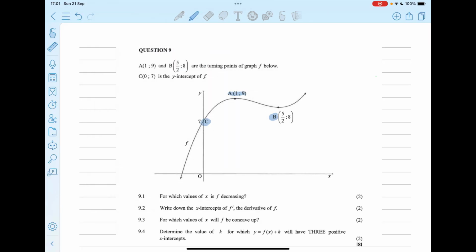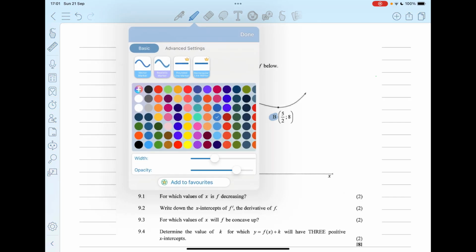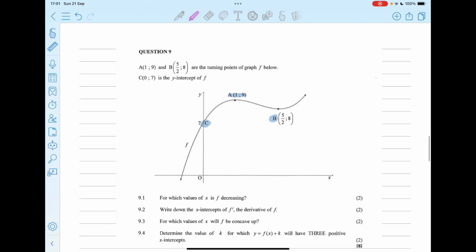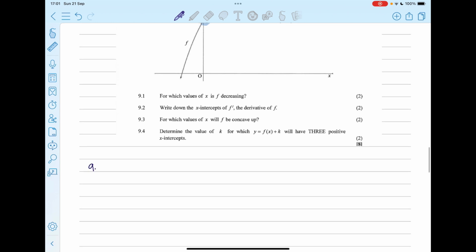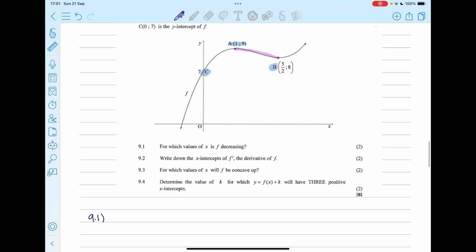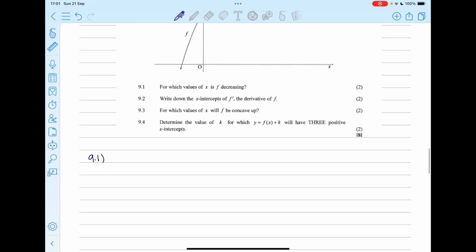And inspecting our graph, we can identify that region to be from point A to point B. Everywhere else, the function is increasing.